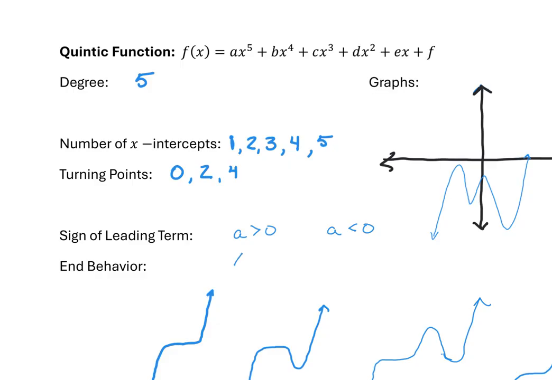And so just like we saw with all of our odd degree polynomials, it goes down forever on the left, it goes up forever on the right, if our leading term is positive. If it is negative, it's the exact opposite. We can take any one of these pictures that we have drawn and reflect it across the x-axis. And what we're going to end up with is it goes up forever on the left and down forever on the right.